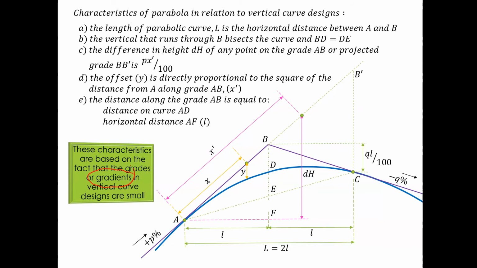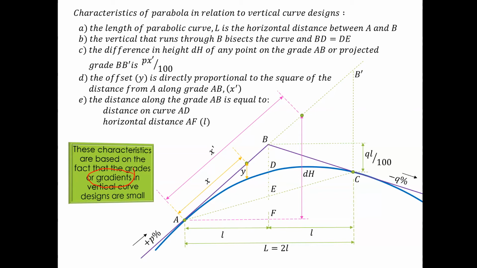We're talking about 3%, 4%, which is small. In true mathematical form it won't be correct, but we've adopted it for vertical curve design simply because the gradients are small.